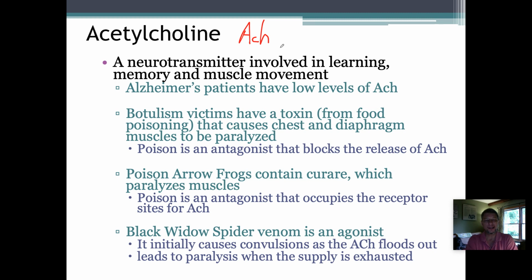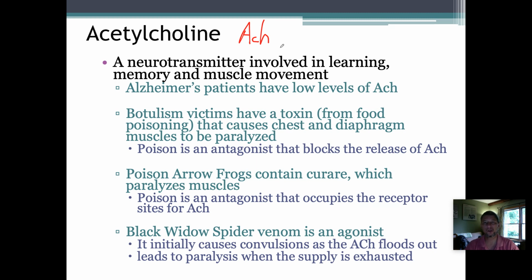And last but not least, black widow spider venom is an agonist. What it does is it releases all of the acetylcholine all at once, right out into the synaptic gap. And what that does is it stimulates the next set of nerves. It overstimulates them.